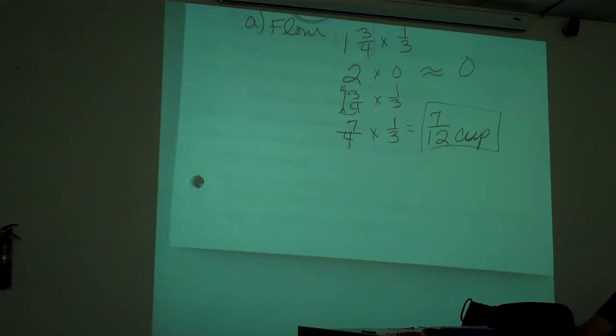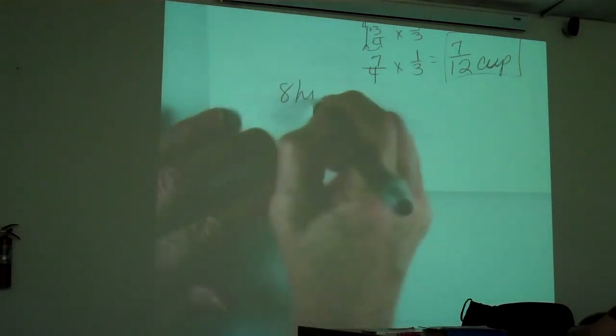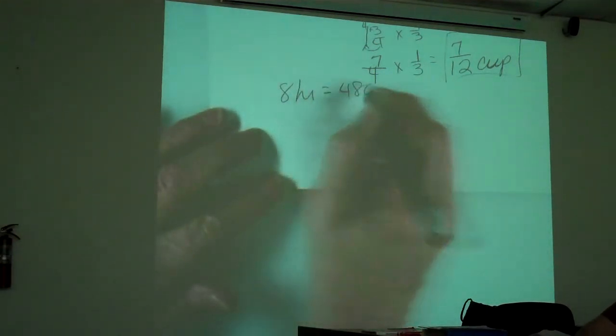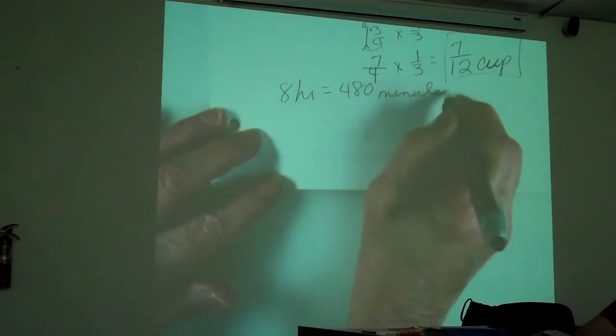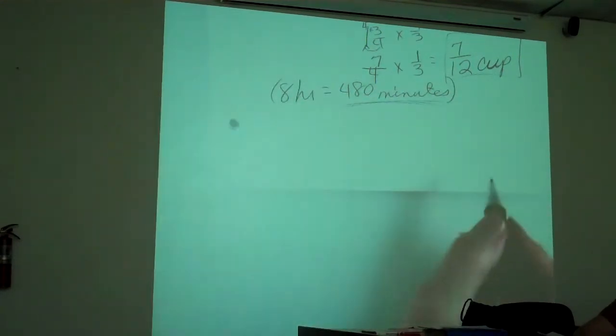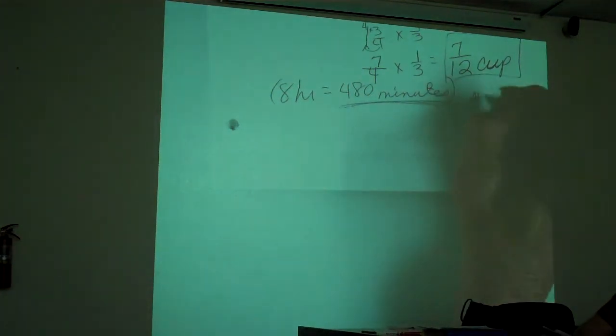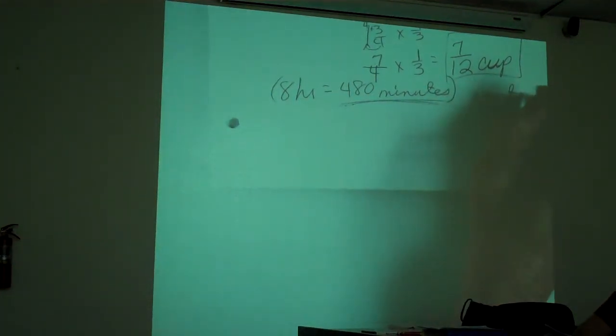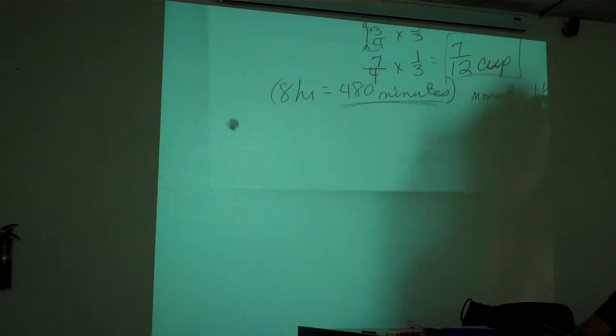It even gives you how many minutes there are. In an 8-hour workday, there's 480 minutes. That's how many minutes total there is. What did it say a moment is? 1.5 minutes.